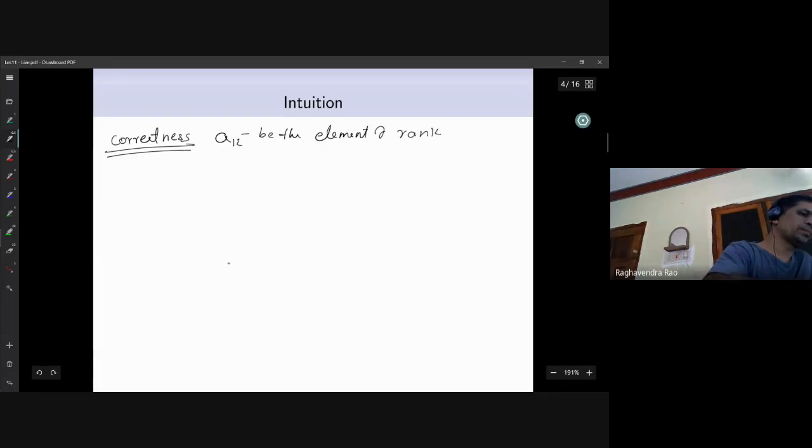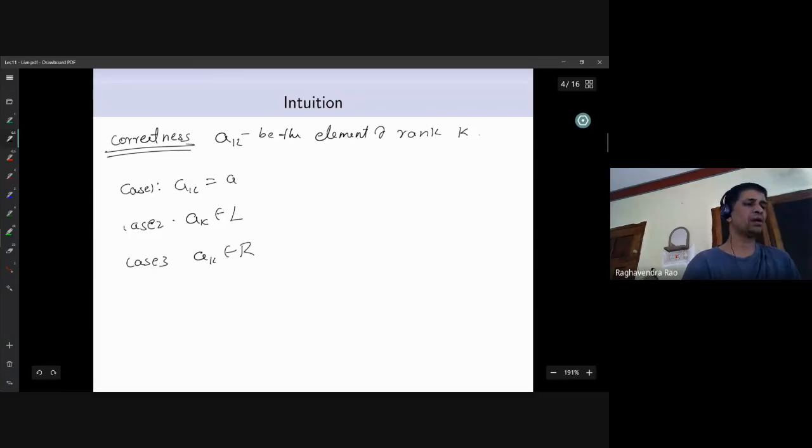Then there are three possibilities. Case 1, AK is equal to the pivot A. Case 2, AK is in L. Case 3, AK is in R. Since L, A and R form a partition of the array, one of the cases should happen, right?